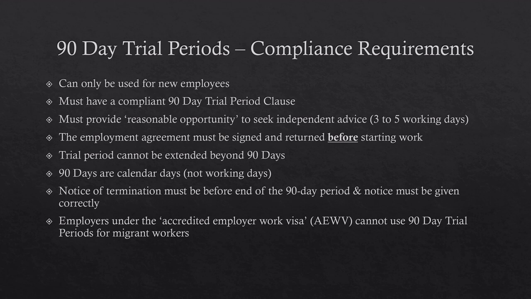You may have a standard notice period for termination or resignations of 4 weeks. That's fairly common, but under a 90-day trial period termination scenario, you may reduce that to only 1 week. So again, notice needs to be carefully checked and what the specific obligations are around that.